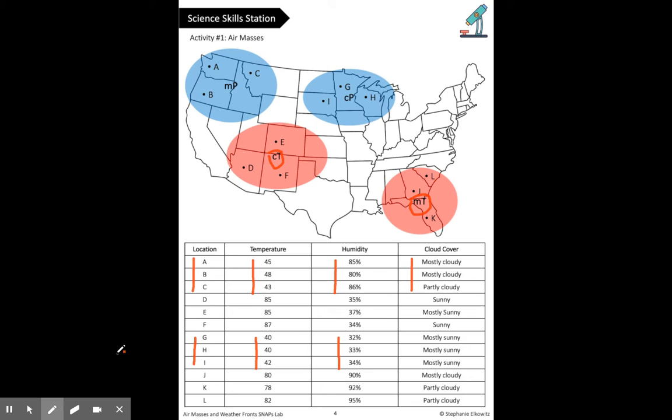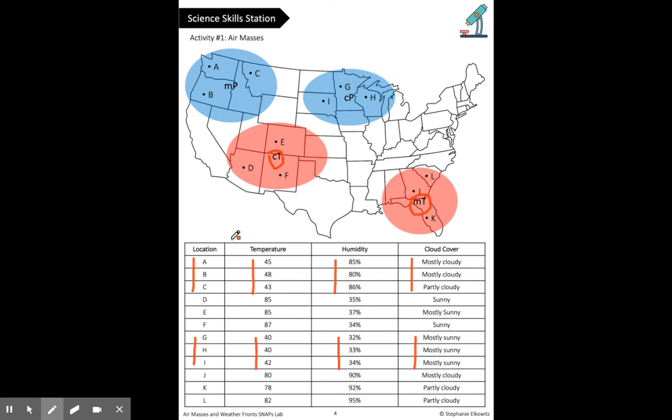It formed over the land, so it didn't have that moisture from the water like a maritime air mass would have. So these are much lower humidity levels. And this time we have sunny skies, or mostly sunny. So it looks like continental air masses produce more sunny weather, while maritime air masses produce more cloud-type weather. So those are our two blue air masses.